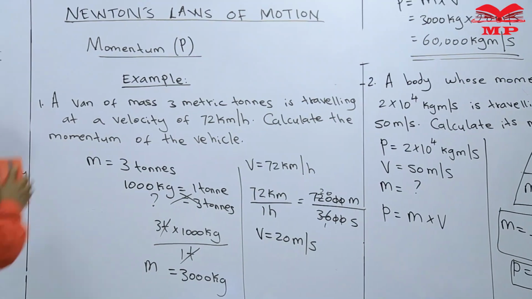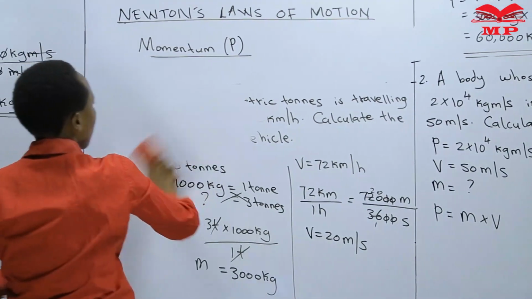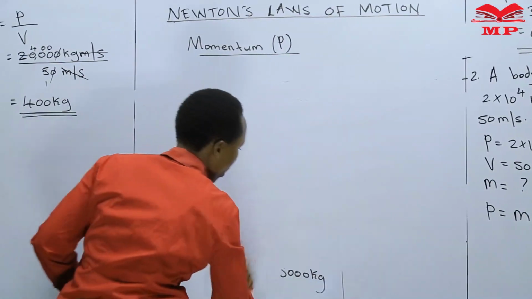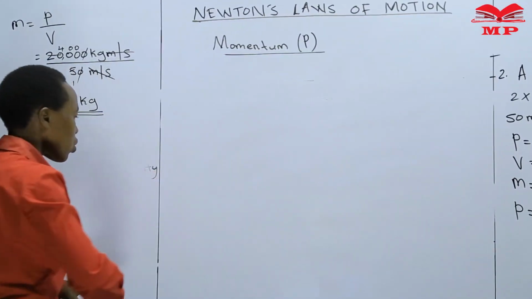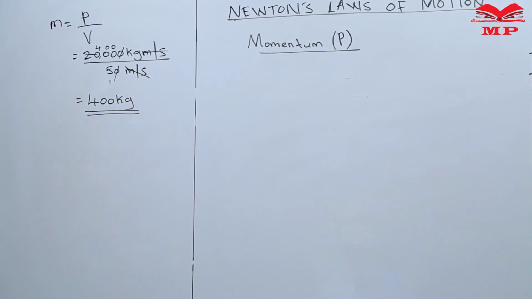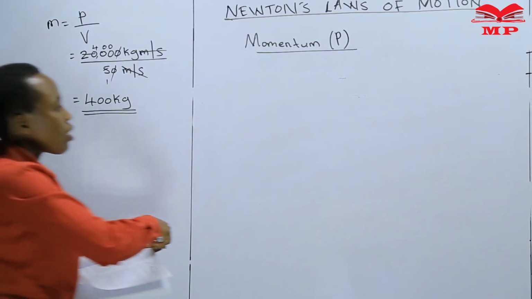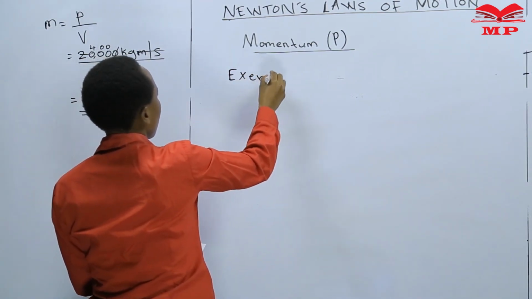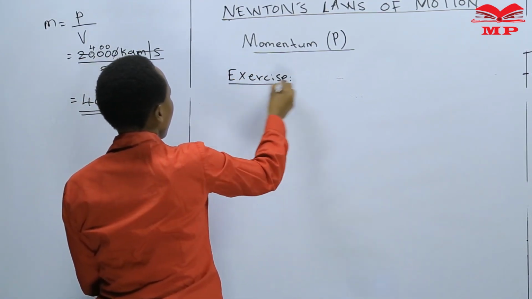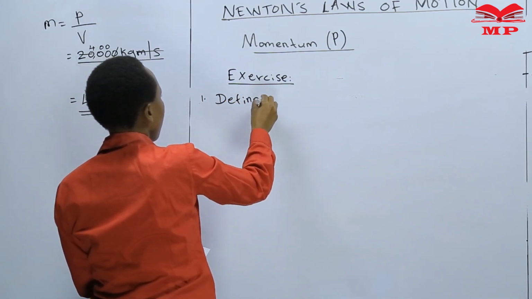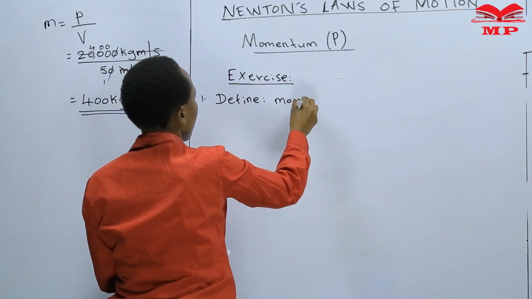Let's now have an exercise whereby you can work out and see whether you are able to solve questions on momentum. I'd like to give you 2 questions. Exercise. In question 1, I'd like you to define momentum.